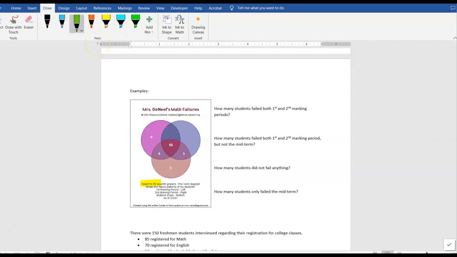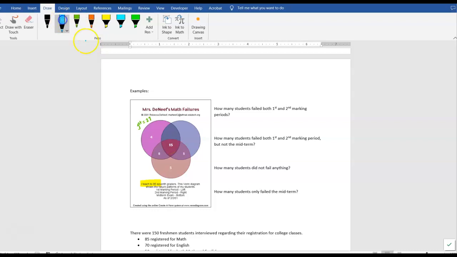And then we have the first marking period. I'm going to label this as first. I want to find out how many students are in this first marking period. So all I'm looking for is everything in this purple circle. That's 4, 15, and 8, and that is a total of 27 students who failed the first marking period.